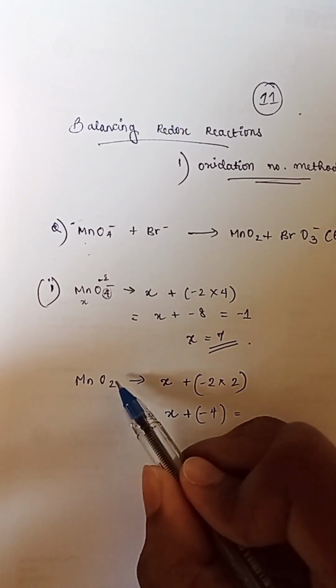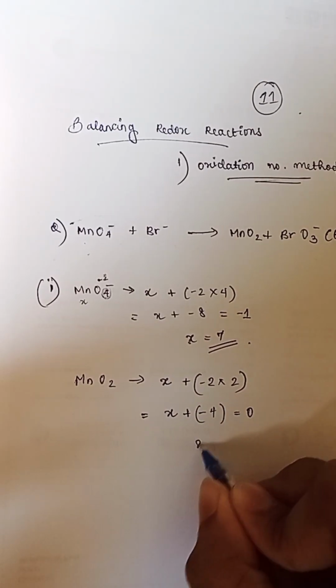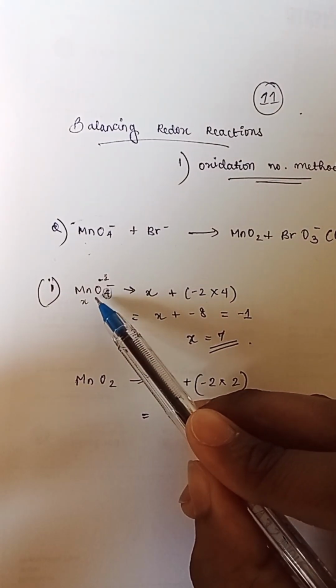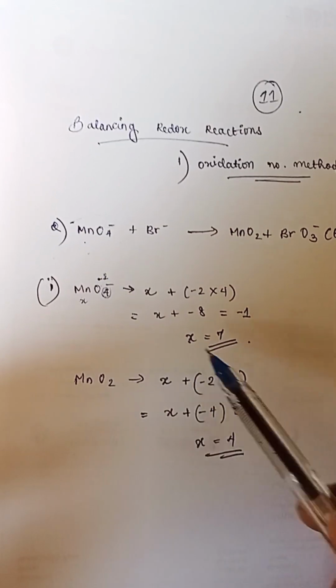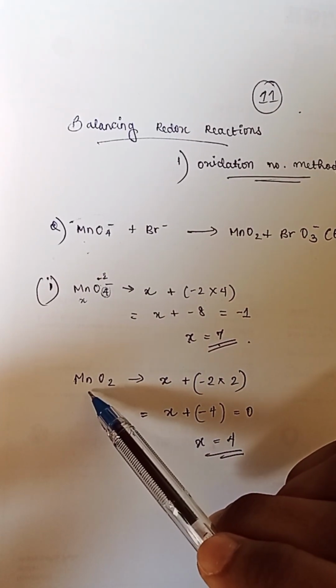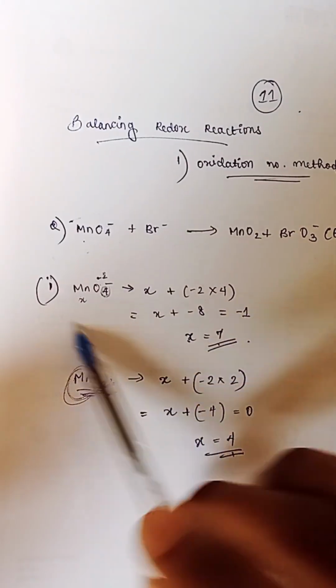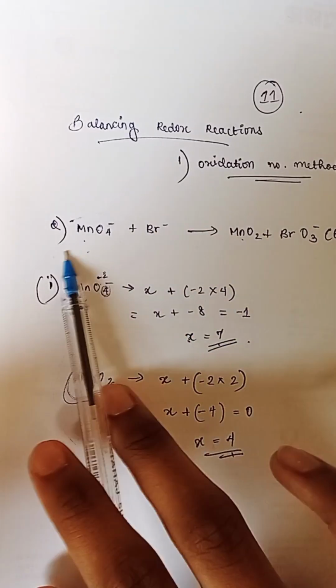What is the whole power? Nothing, so it will be 0. Taking minus 4 to the other side, x is equal to 4. So the oxidation number of Mn in MnO4 minus is 7, and the oxidation number of Mn in MnO2 is 4. This is the first step: find Mn's oxidation number on both sides.